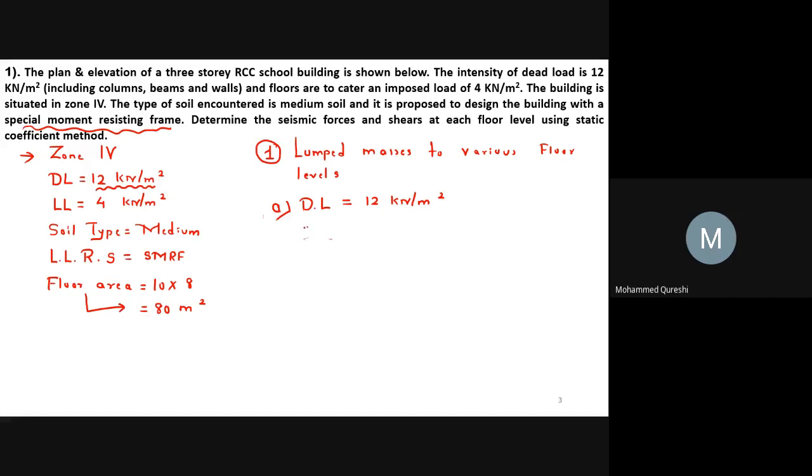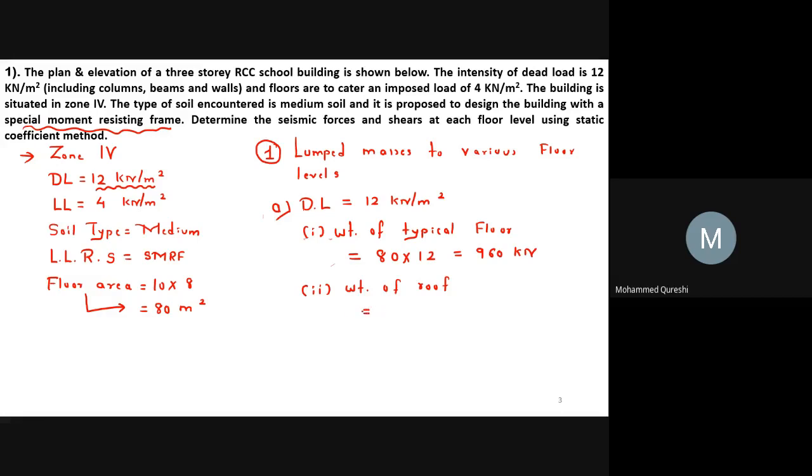So we will first go for typical floor, that is weight of typical floor equals floor area, that is 80, into dead load 12. So you will get 960 kilonewton. Now the second parameter is weight of roof.